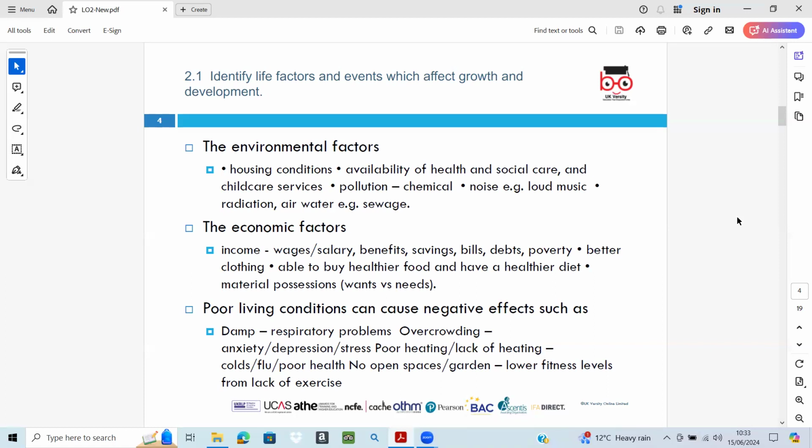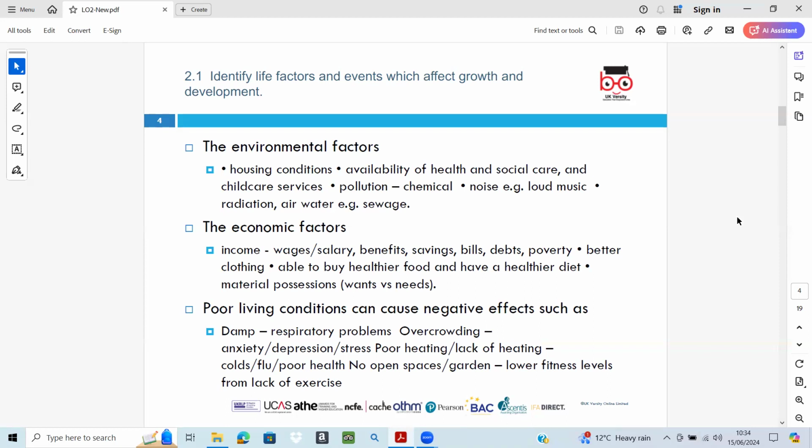For depression and stress by overcrowding, we can add that limited space can increase tension and anxiety among the occupants, potentially leading to mental health disorders.